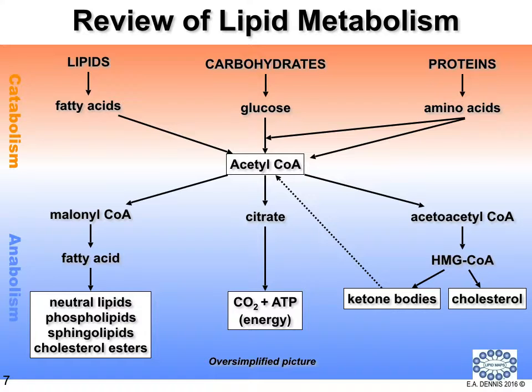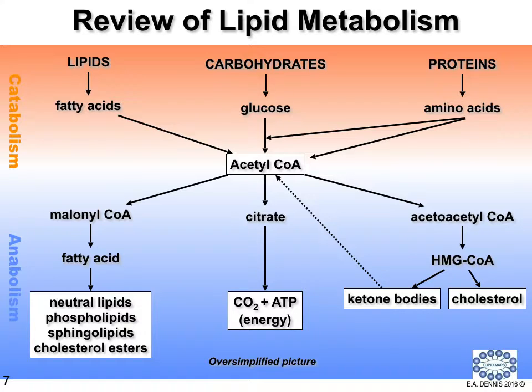When energy is needed, acetyl-CoA is fed into the TCA cycle through citrate, where it results in the production of CO2 and ATP, which is used for energy.